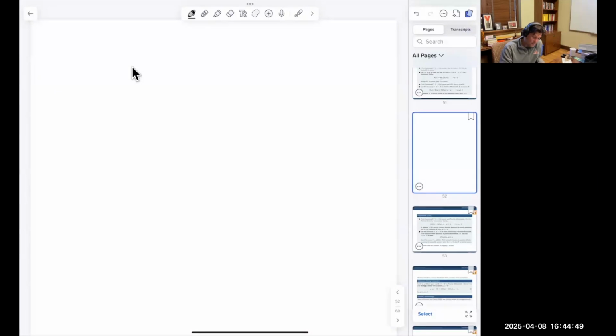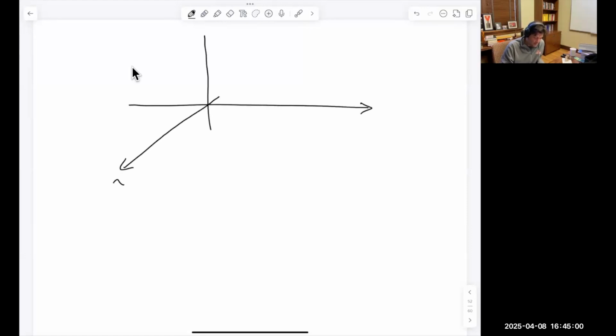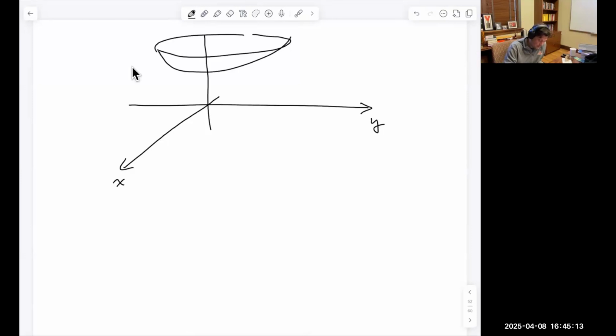All right, so I want to look at what's called a paraboloid in 2 dimensions. And so let's see, this is X and Y. And so the paraboloid is something like that, right? It's a paraboloid sheet.